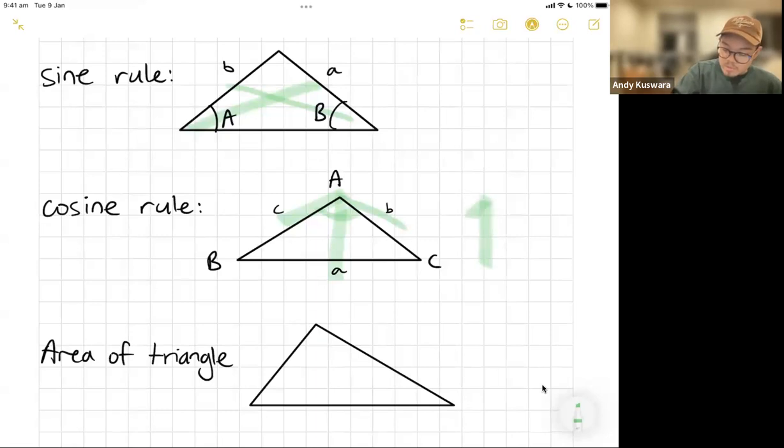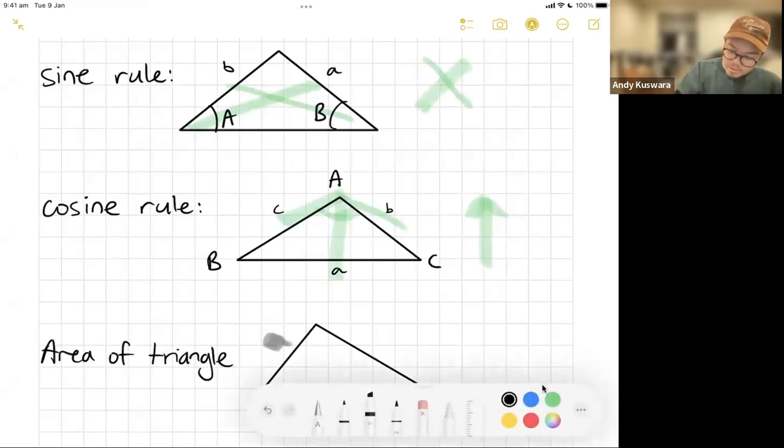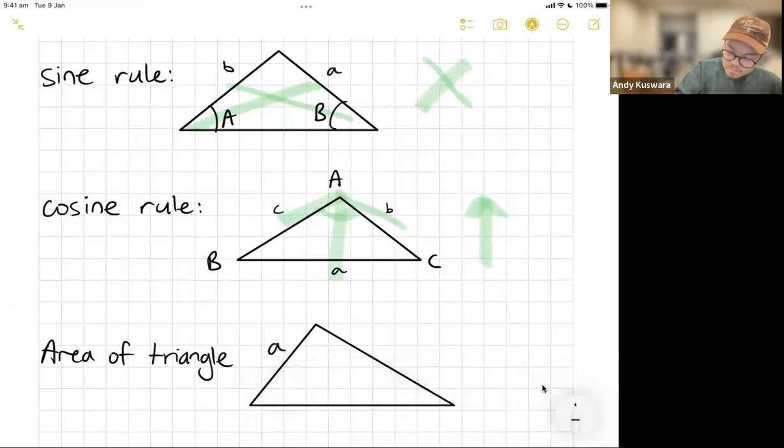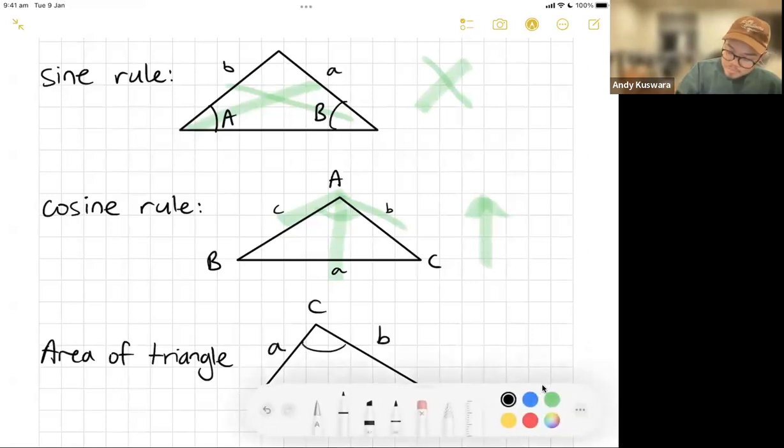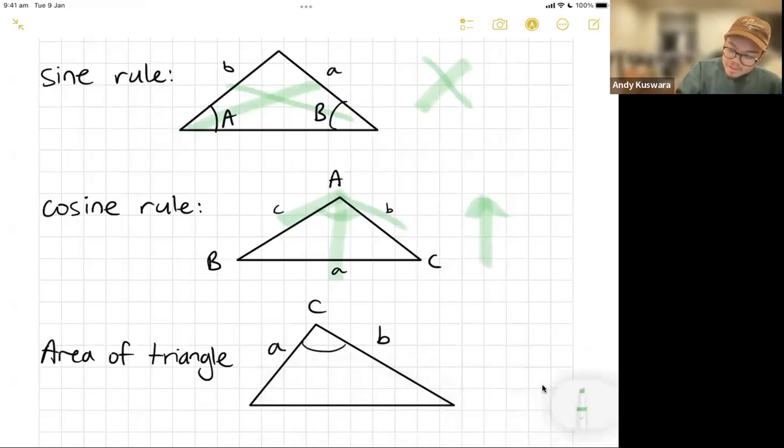And for the area of a triangle, all you really need is your two sides and your included angle. So this is how I try to visually figure out what I am working with.